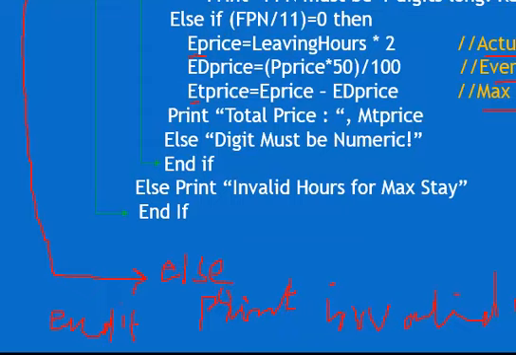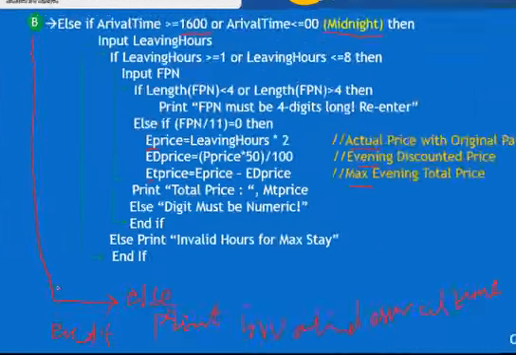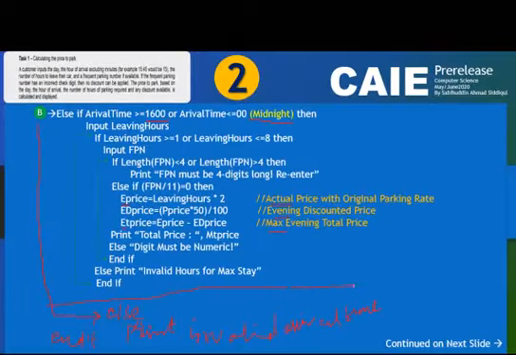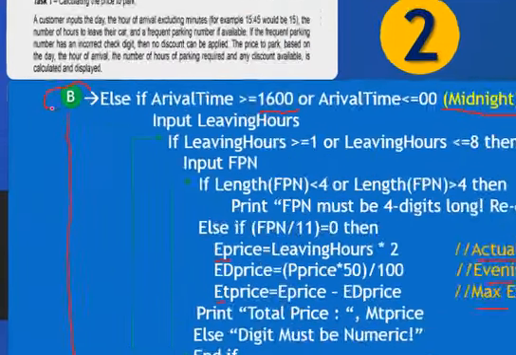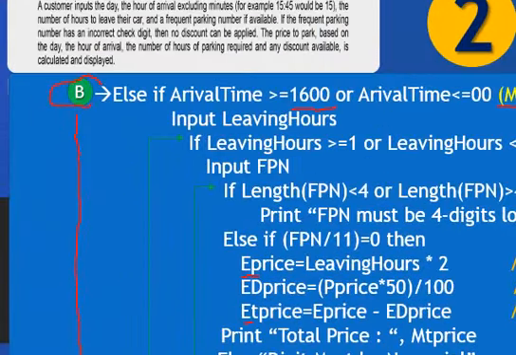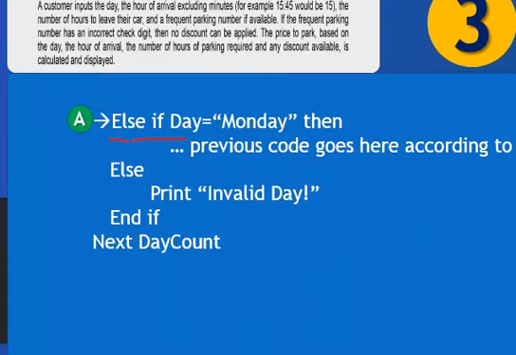Okay, did you understand the missing part? This was the missing part. So this was left to be written over here. So this is the else statement of this else B1, right? Now this comes to an end, and then continuing with A. So now else if day equals to Monday, then the previous code goes here.